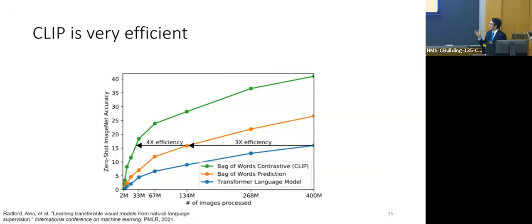If you compare the green line, that's CLIP, its performance as you vary the number of images that you train on, to the blue line, which is a transformer language model, which tries to take in an image and then generate a caption de novo, CLIP is an order of magnitude more efficient. And given that in the protein space we don't have millions or tens of millions of structures, we only have a couple hundred thousand in the PDB, this sort of efficiency seems like a very good feature of CLIP that we could use in the protein space.